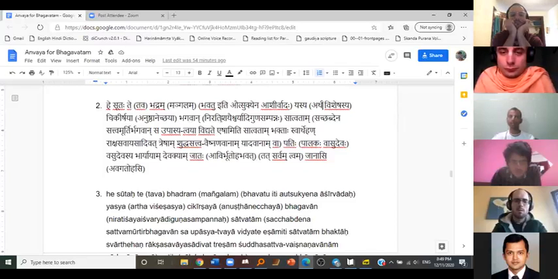Niratiśaya aiśvarya-ādi-guṇa sampannaḥ. That he possesses the aiśvarya and other qualities, and how much does he possess them? Niratiśaya. There is no count or limit. It is unlimited. And he is sātvatāṁ patiḥ.